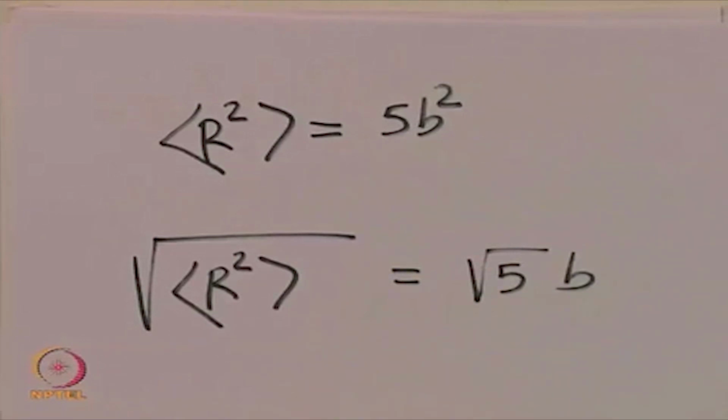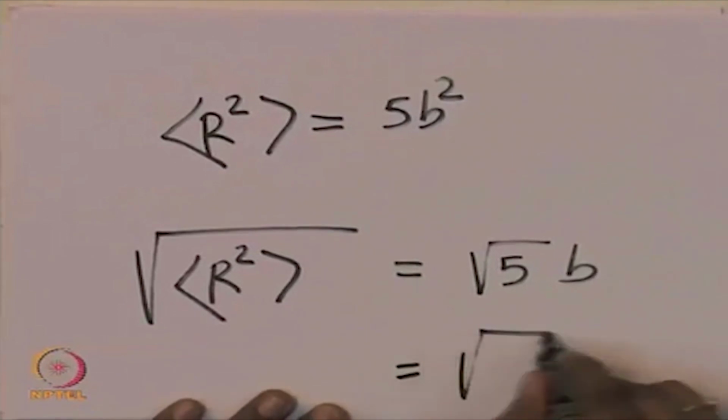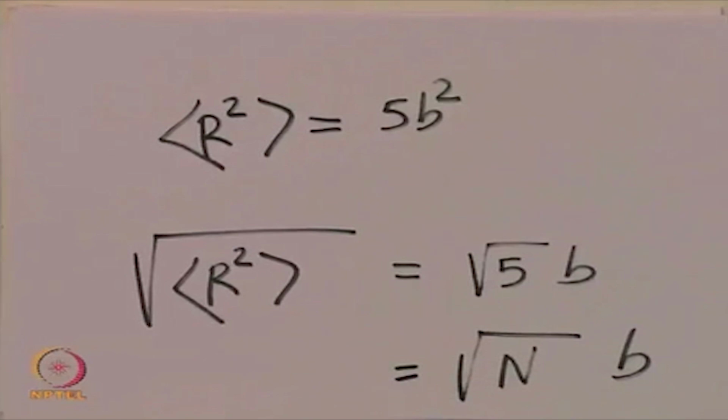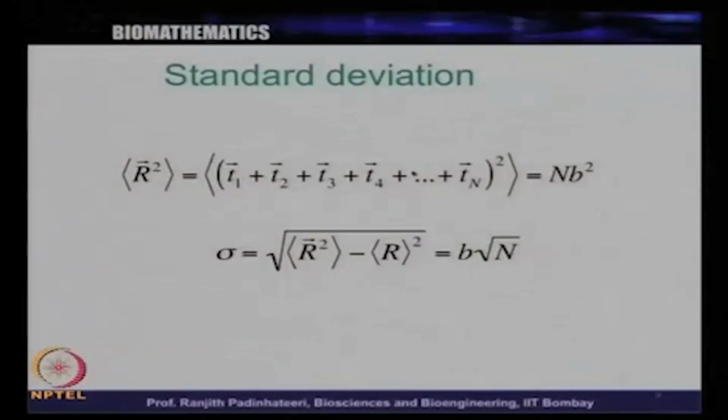Now, if you have n monomers, you can extend this in a similar way to n monomers, and you will see that the answer is root of n times b. So, look here: the R square average is n b square, and if you look at the standard deviation, which is root of R square average minus R average square, you will find b times square root of n. So, what did we find?